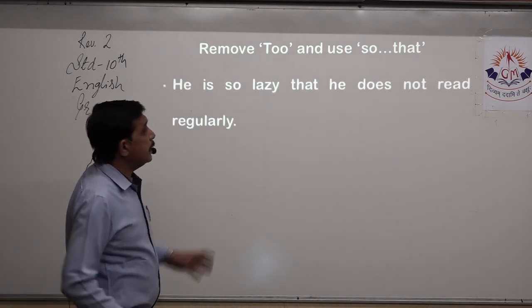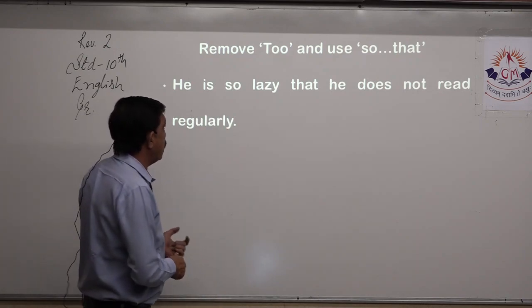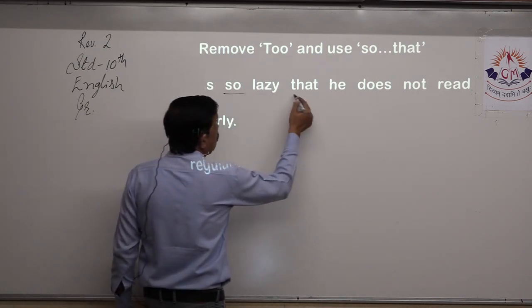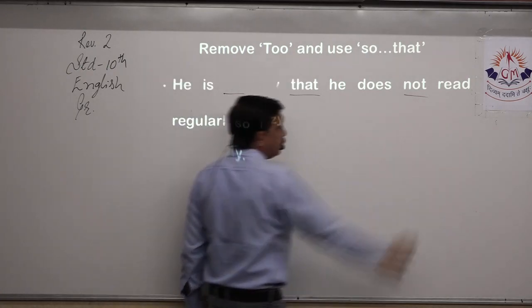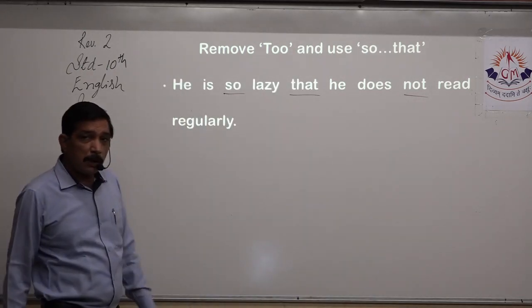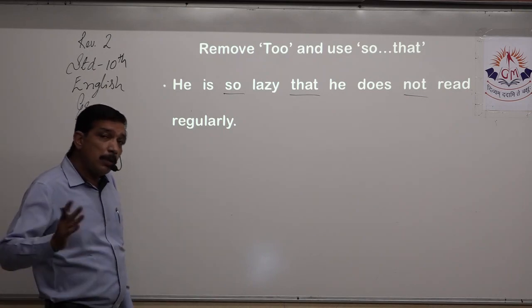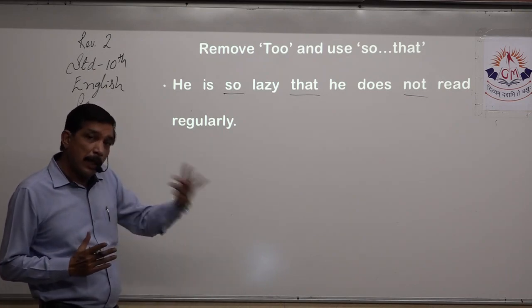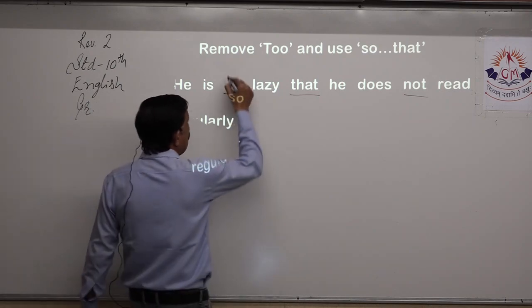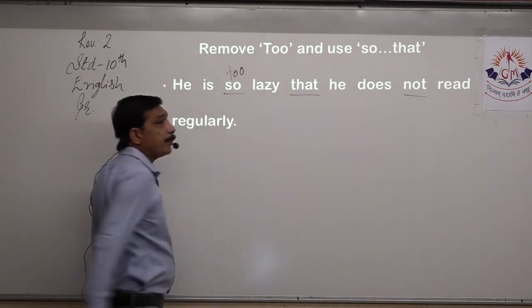He was so lazy that he does not read regularly. So we have so, that, and we have negation. The same thing that we did in the earlier sentence. If I want to remove so that, I have to remove negation also, and then I'll insert to. Where will I insert to? I'll insert to instead of so.